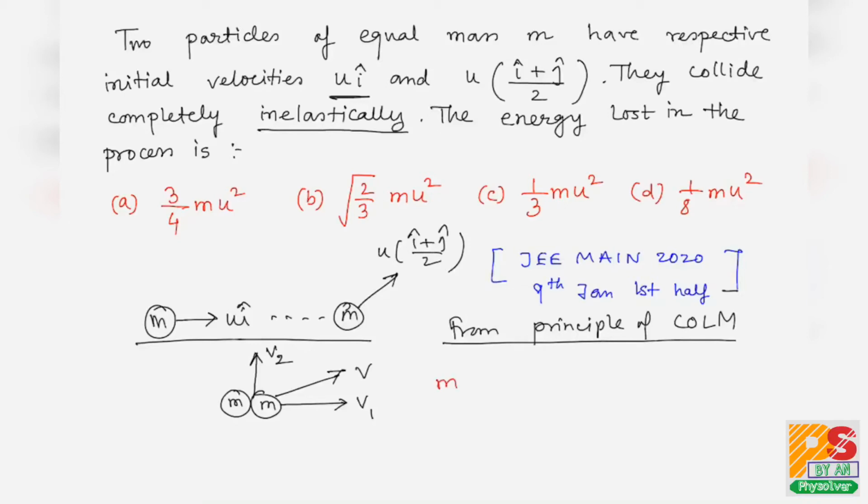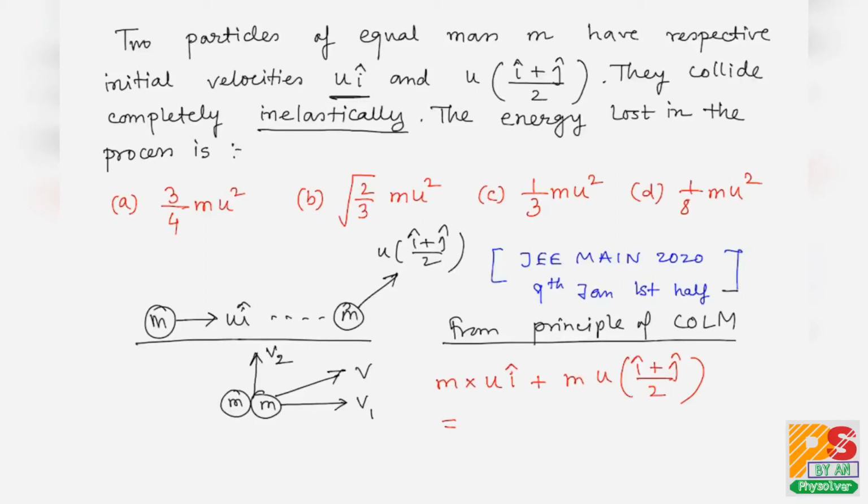So m into u i cap plus m into u (i plus j) divided by 2 is the initial linear momentum of the system before the collision, equal to the final linear momentum of the system after the collision.